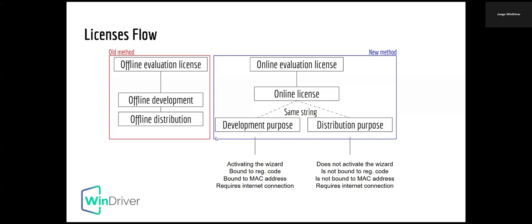So we can send you offline licenses for both development purpose and distribution purpose. For example, if you have a medical device and you distribute it to hospitals, which do not have an internet connection, we can send an offline distribution license with an online development license, and we can generate an offline development license as well.